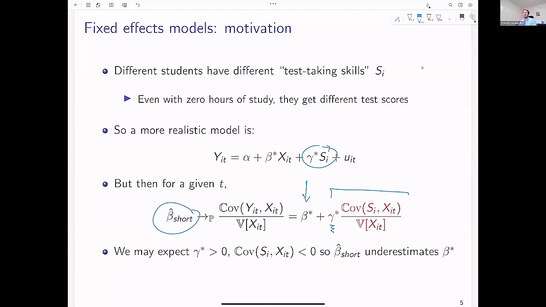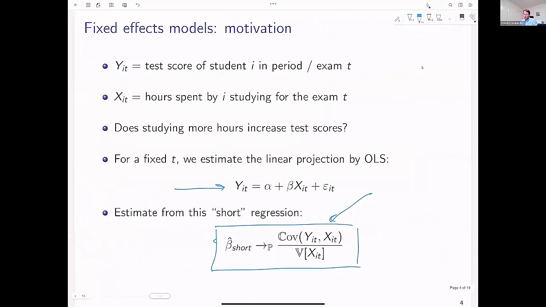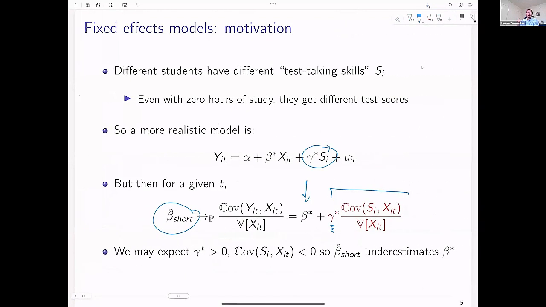Okay, so basically, what is this short regression doing when we only include X? It's saying, well, I'm going to change hours of study and see how test scores vary. But in the data, that means basically comparing students that study more to students that study less and seeing how different their test scores are.